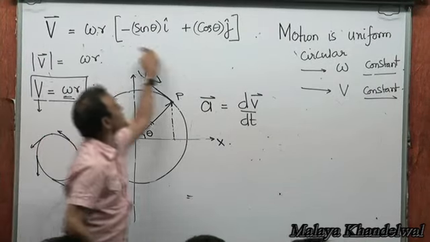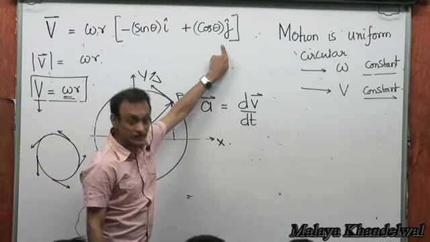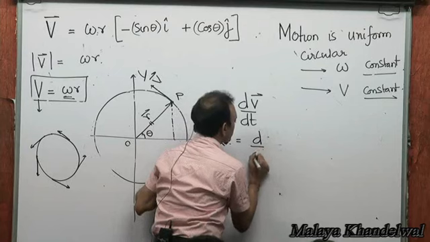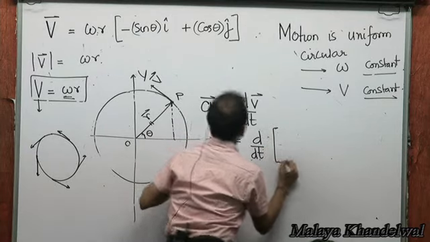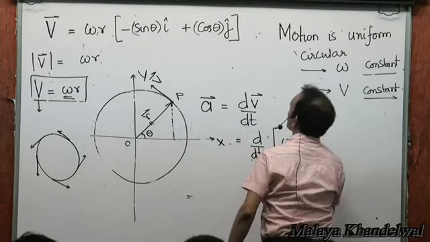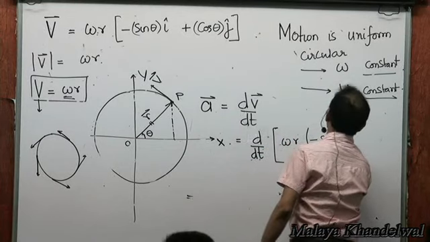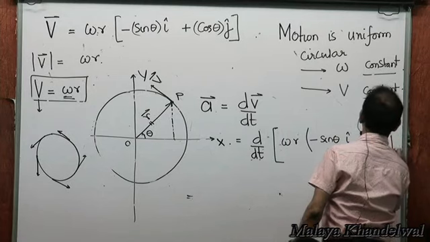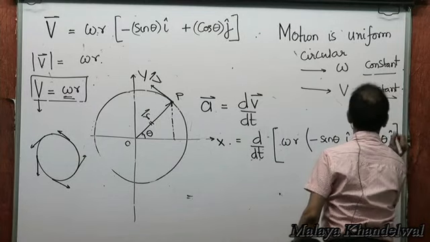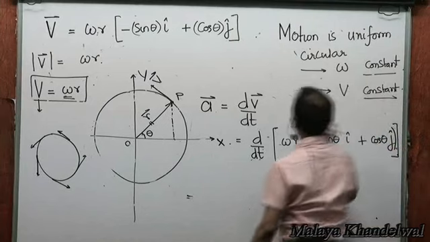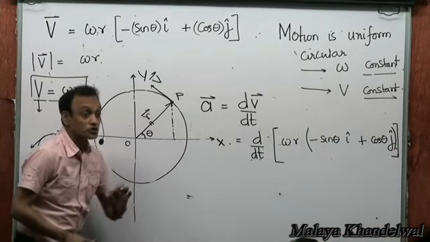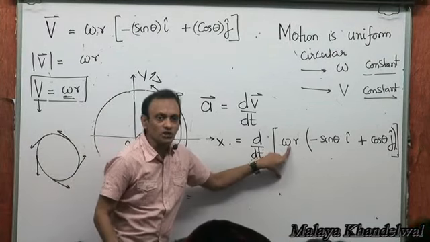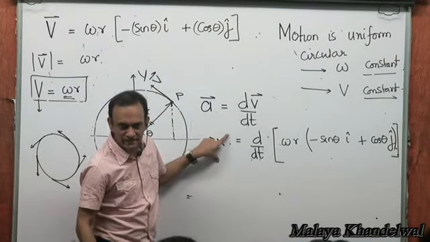That means if I differentiate this with respect to time, I'm going to get the acceleration. That means this is d/dt of omega r times minus sine theta i cap plus cos theta j cap. Yes or no? Now, since the motion is uniform, omega is a constant, so omega comes out of the derivative sign.